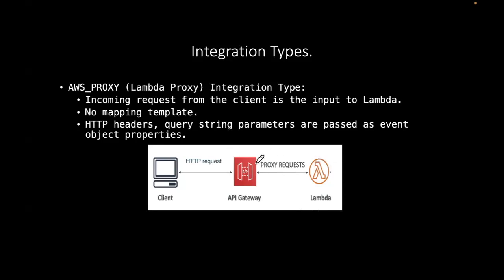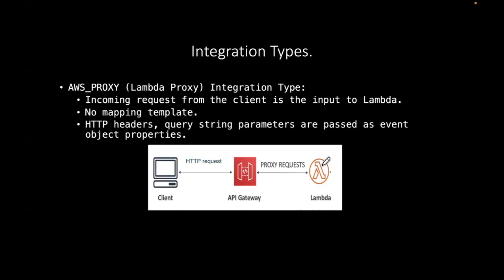Fortunately, API Gateway will do it for us, provided we tell it this is the type of integration that you need to perform for me. Obviously the payload in the request is fine. That's just a JSON document, so I can pass that on as a JSON document onto your Lambda.